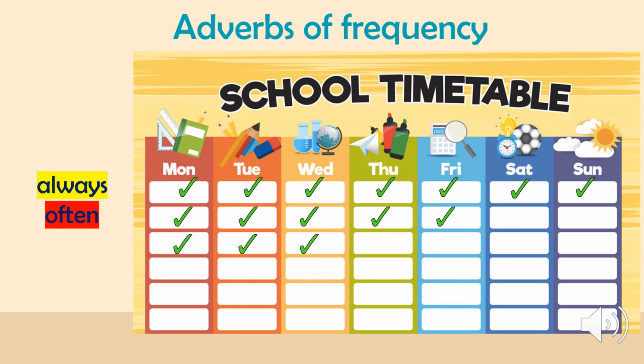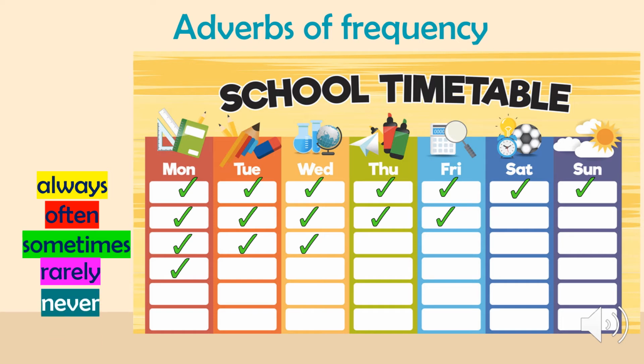If we do it 3 times a week, we use the word sometimes. Okay? Next. What about 1 time? Yeah, rarely. Okay? And if we do it 0 times a week, we will use never.